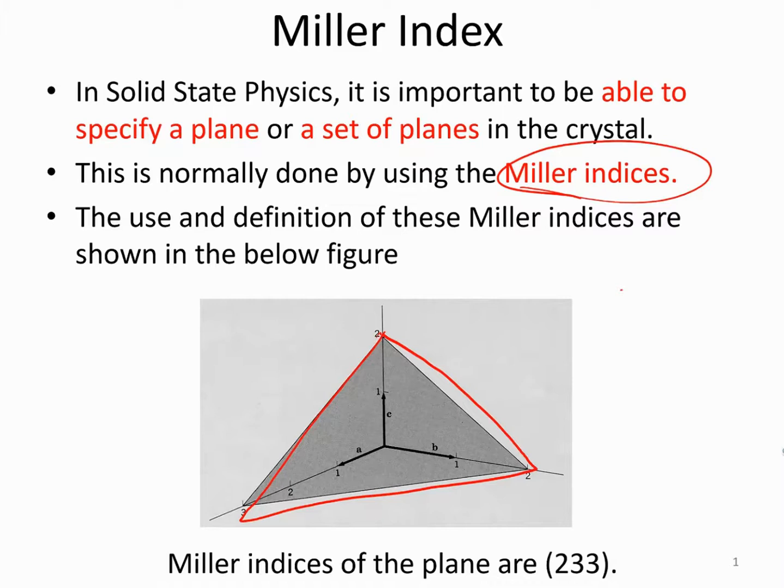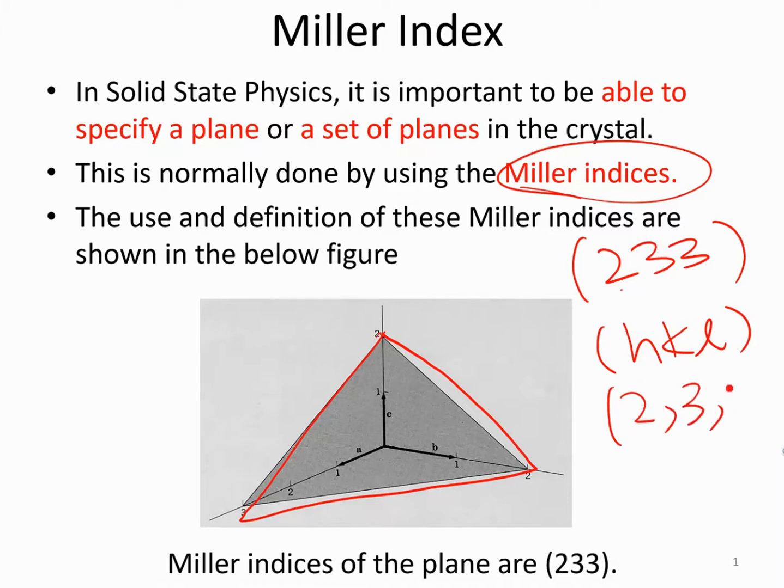The Miller index for this plane is 233. This is how we write the Miller index: HKL in brackets. So you cannot write it as bracket 2, 3, 3 with commas.